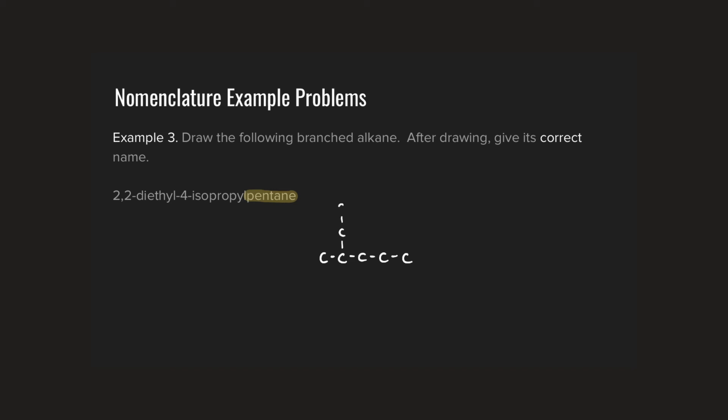That 2,2 refers to each of the ethyls on the same carbon position. And then the di prefix there tells me that I've got 2 groupings of an ethyl group, which is a 2 carbon chain. So off of carbon number 2, I'm going to put 2 carbon side chains. And then on carbon 4, I've got here an isopropyl group.